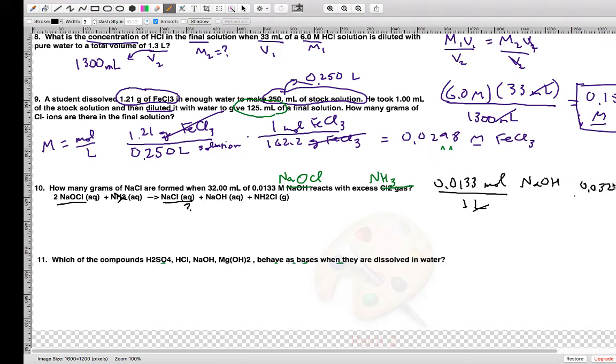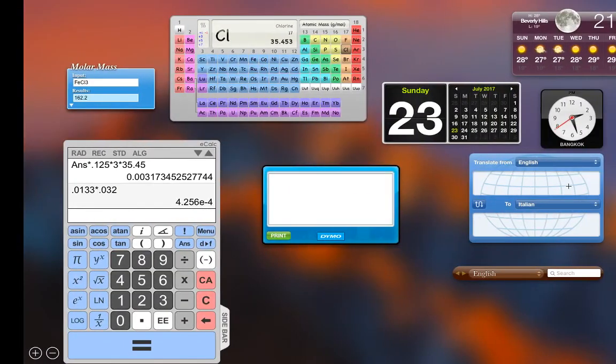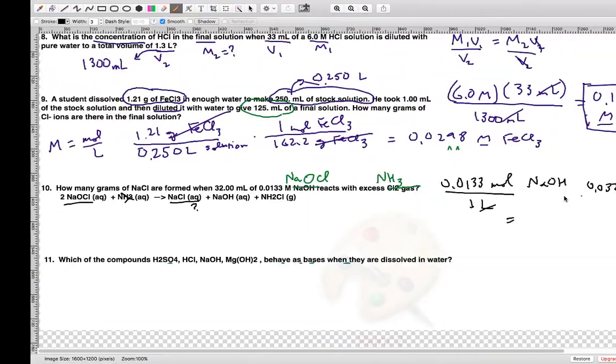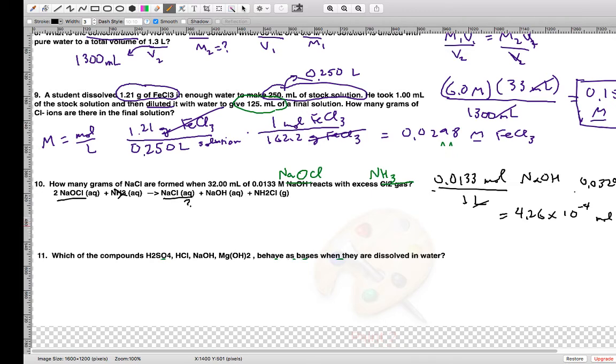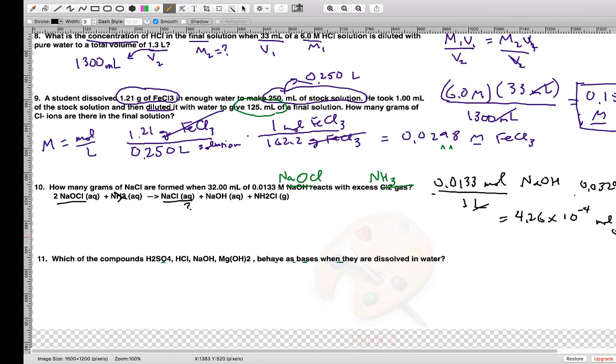I forgot the 2 zeros. There are only 3 significant figures here. So it's 4.26 times 10 to the minus 4th. What is this? This is units of moles of NaOH.